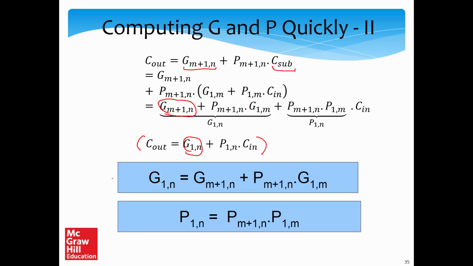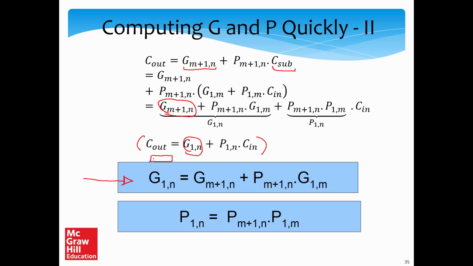So the important equations that we get from this section are these. Generate 1 to n: consider a block of the first 1 to n bits. When will it actually generate a carry?